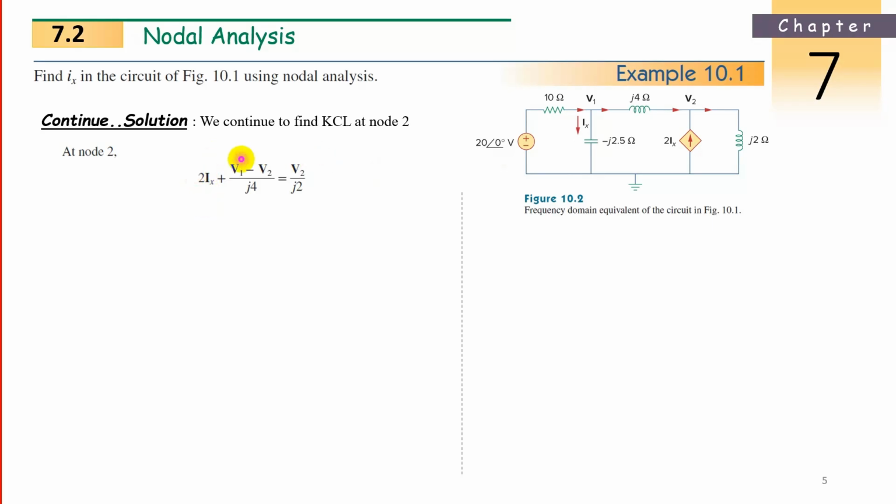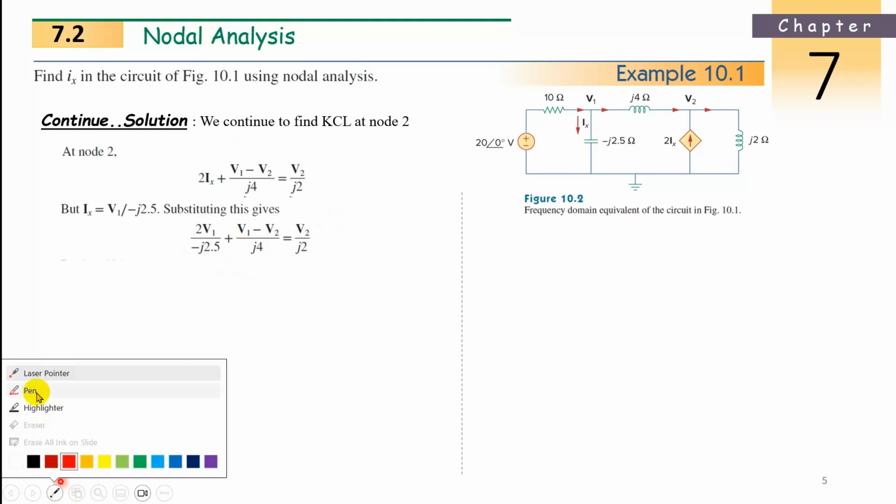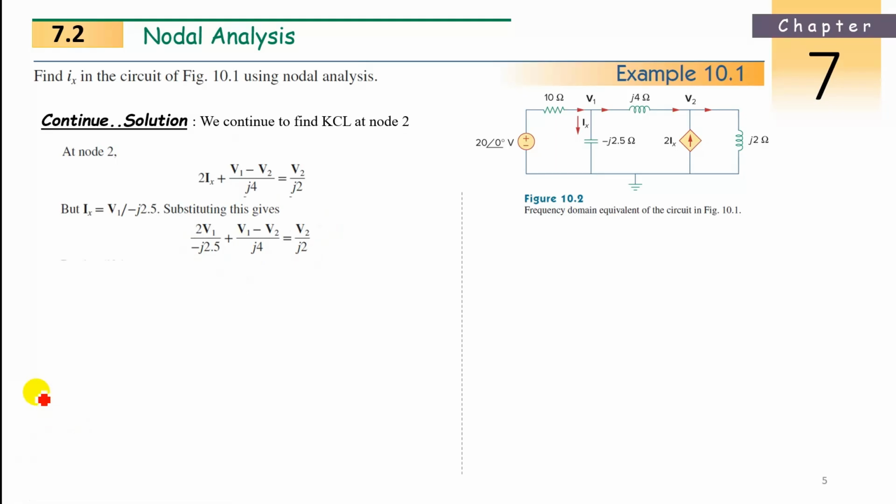So we have to rearrange that one. It will become 2v1 divided by minus j2.5, plus (v1 minus v2) divided by j4, equals v2 divided by j2. Now we have to solve this equation.